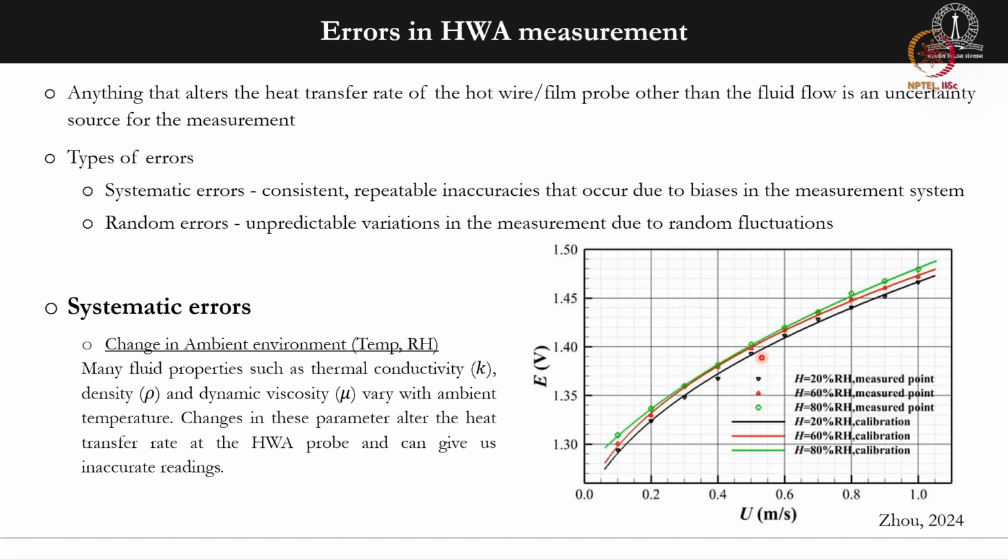Similarly, if we are operating in an environment that has a relative humidity less than 20%, basically less than that calibration curve, we would be underestimating the velocity. So this is a systematic error that we have introduced due to a change in the environment of our experimental setup.